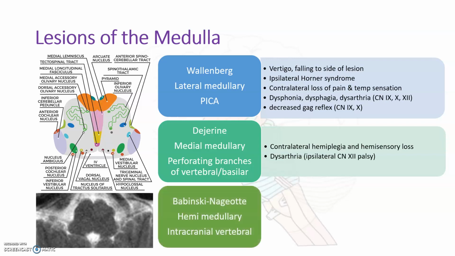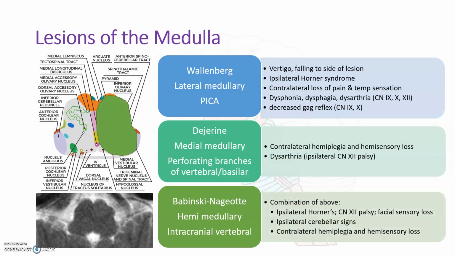And finally, hemimedullary syndrome, due to occlusion of the intracranial portion of the vertebral artery. One entire side of the medulla is affected, and so you get a combination of what went before: Horner's syndrome, 12th nerve palsy, facial sensory loss, cerebellar signs, and contralateral hemiplegia and hemisensory loss.